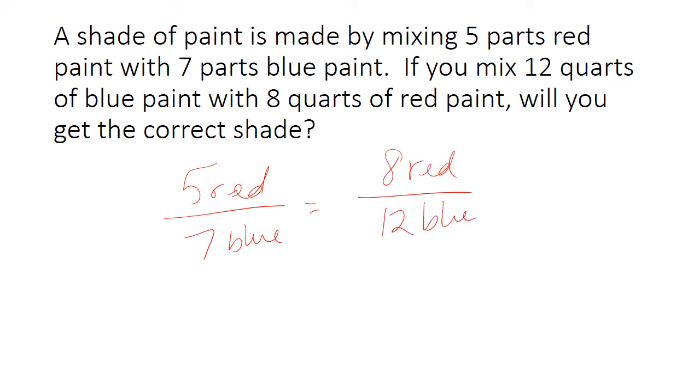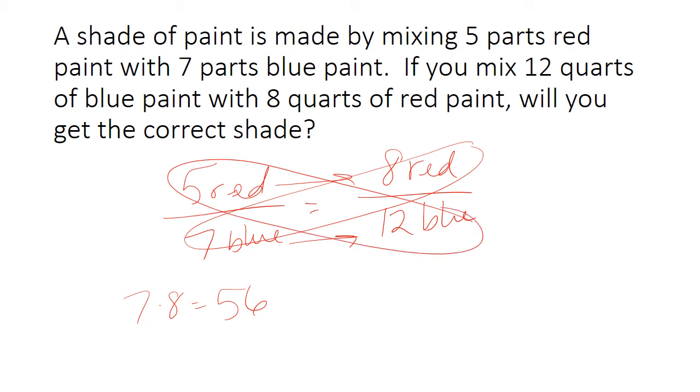As long as our reds and blues are the same, then it's possible, because if we flip it, it definitely won't be an equivalent proportion. So we want to make sure the reds are here and the blues are here. If you wanted to flip it and put blue on top, as long as your second ratio has blue on top, that's fine. So cross product, we've got 7 times 8, which would be 56.